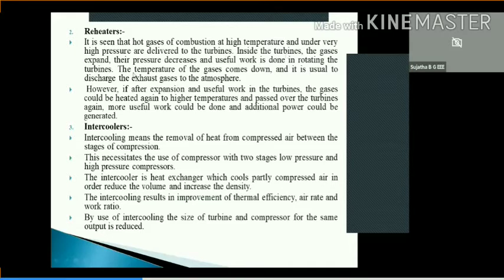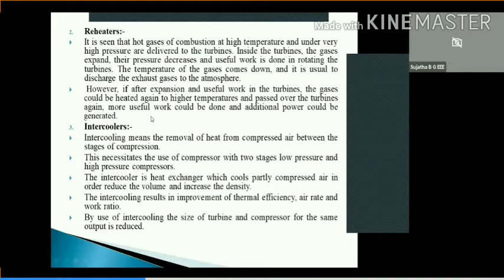Inside the turbines, the gases expand, their pressure decreases, and useful work is done in rotating the turbines. The temperature of the gases comes down and it is usual to discharge the exhaust gases to the atmosphere. However, if after expansion and useful work in the turbines, the gases could be heated again to a higher temperature and passed over the turbines, again more useful work could be done and additional power could be generated.